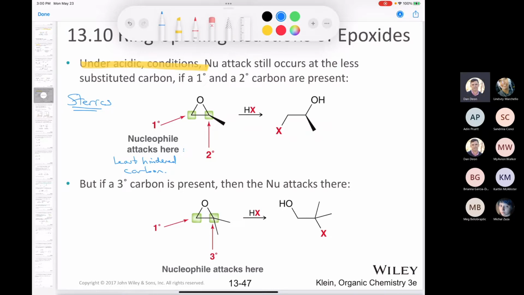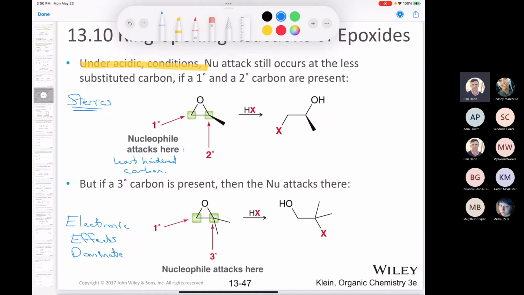If you're thinking, why the heck would it do that? It's because the dominant effect here is not sterics, but electronics. So we'll put here electronic effects dominate.